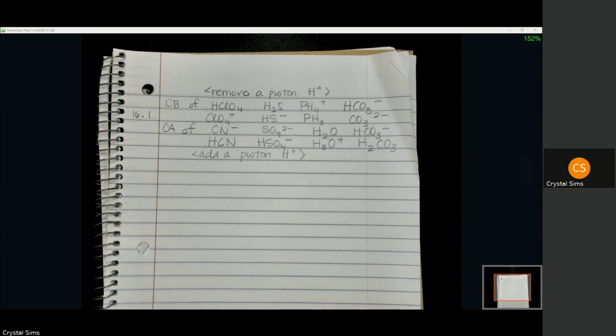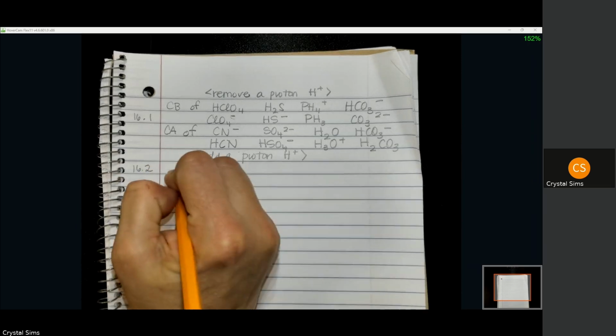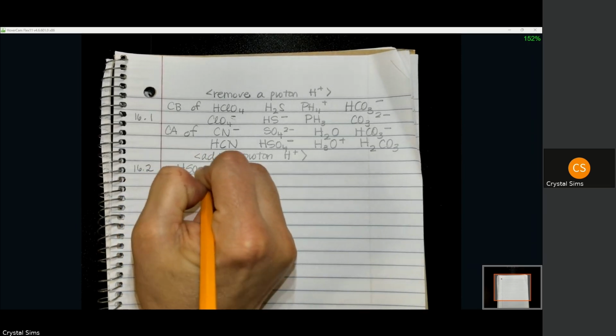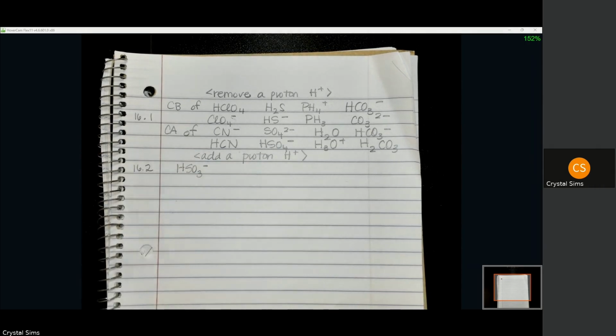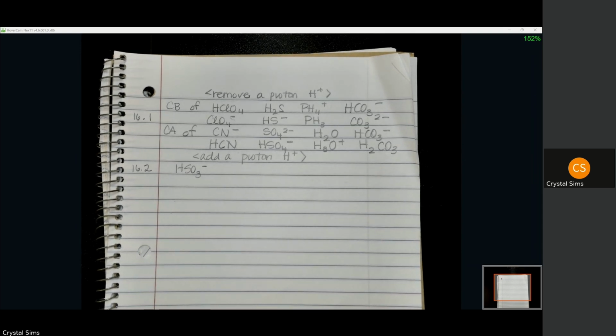Sample exercise 16.2 wants us to write an equation. We're given the hydrogen sulfite ion, which is HSO3 minus. And so they're going to ask us here to write an equation for the reaction of HSO3 minus with water, in which the ion acts as an acid, and then in which the ion acts as a base.